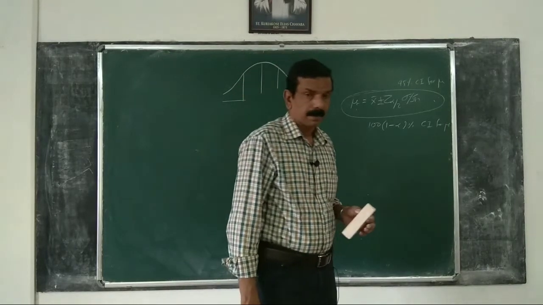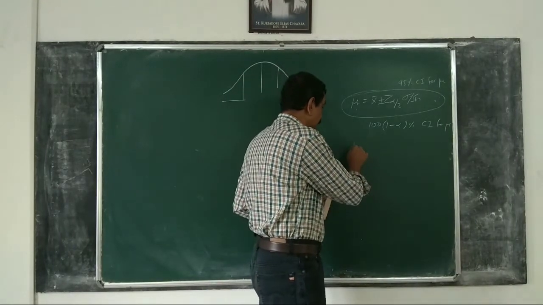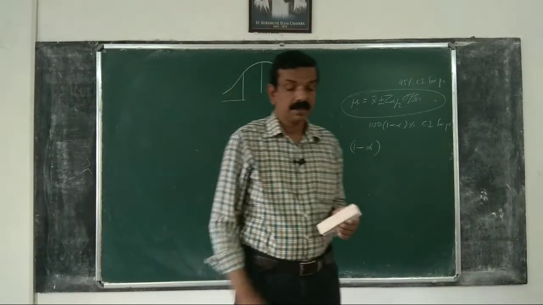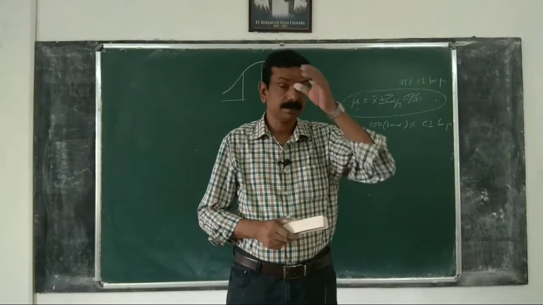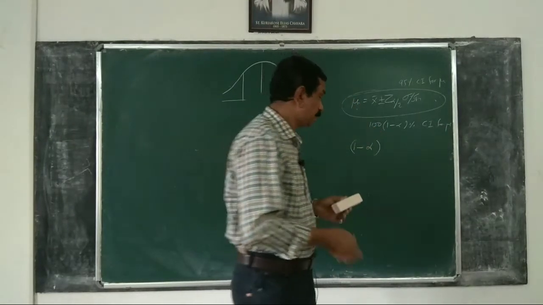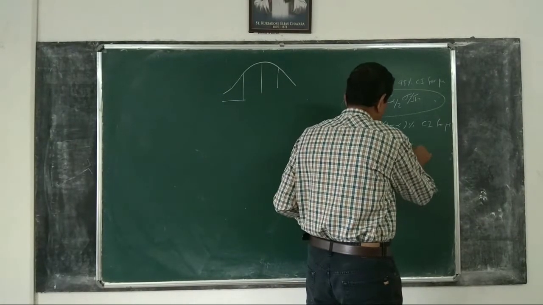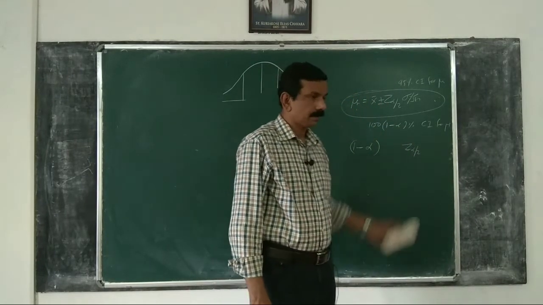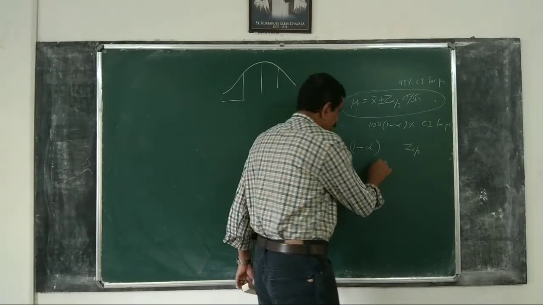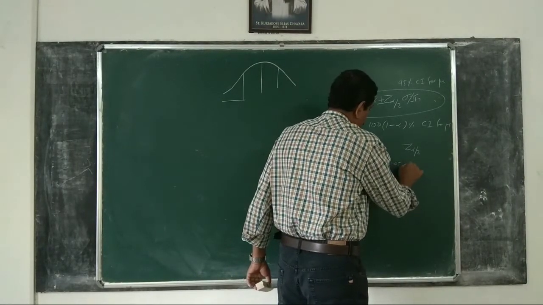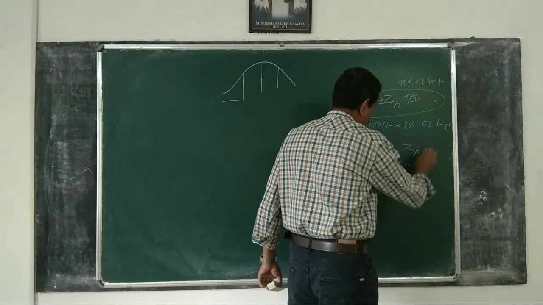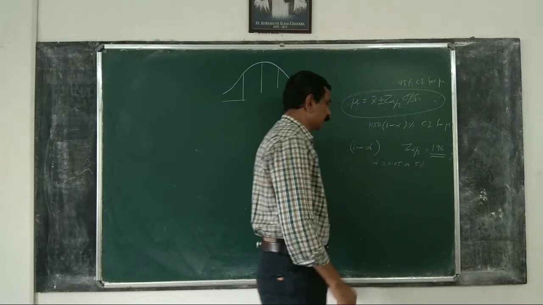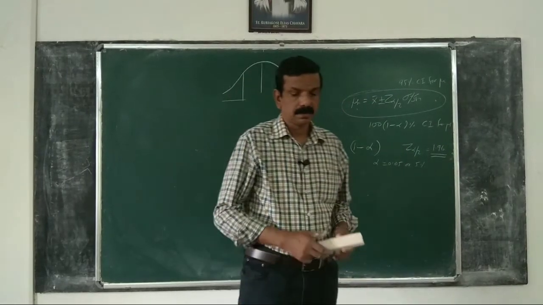Then determine the confidence level 1 minus alpha, and obtain the corresponding z alpha by 2 from the table. For example, if alpha is 0.05 or 5%, z alpha by 2 is 1.96.